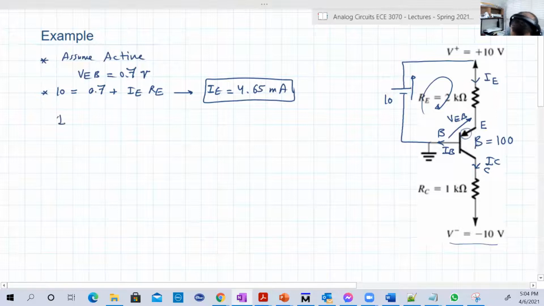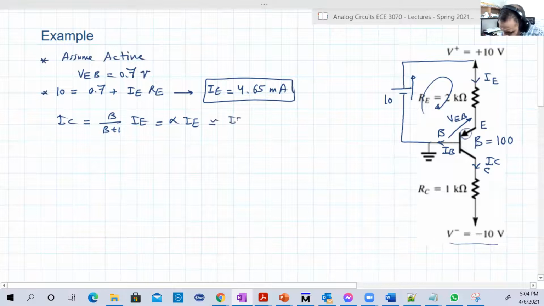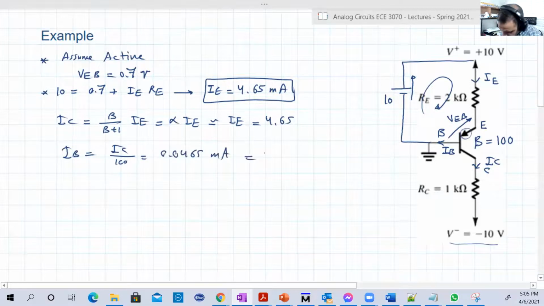Again, IC equals beta over beta plus 1 times IE, which is called alpha IE. Since beta is 100, 100 over 101 is approximately 1. It's 0.99. So basically it's approximately equal to IE, 4.65. And you can determine IB if you want. IB will be IC over 100, which is beta, so 0.0465 milliamperes, or 46.5 microamperes, whatever you like.